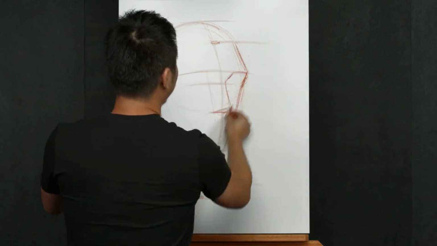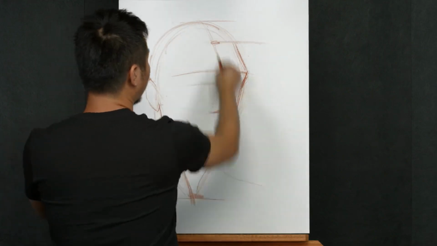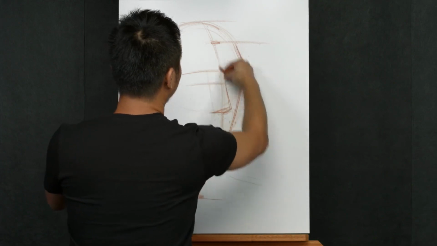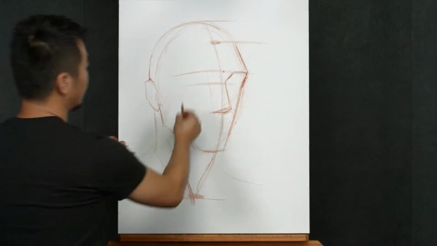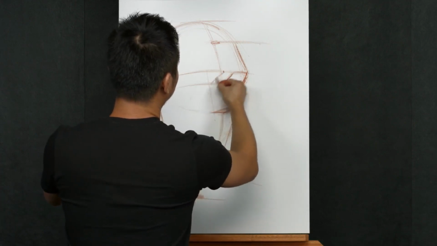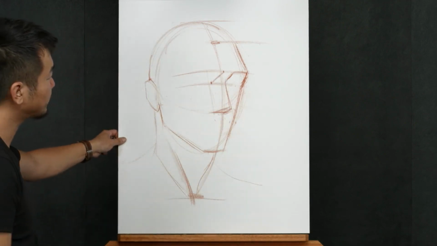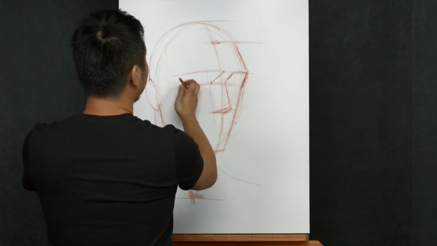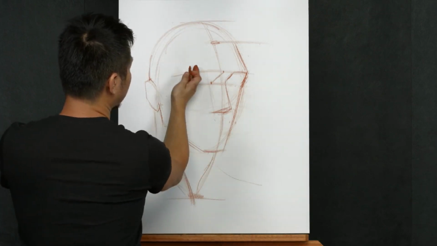So what I'll do is, earlier I said we can take this eyebrow line and intersect the center line somewhere right here, and then we draw a 45-degree line down to our eye lines. Remember, that's where our tear dot is going to be. And then we have to find the outside of our sockets.